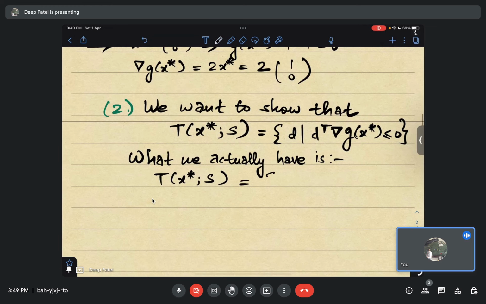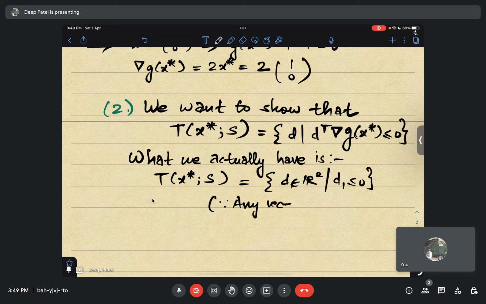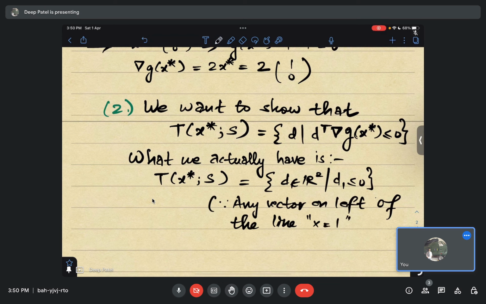So it is simply d2 such that d1 less than or equal to 0, because any vector on the left of the line x equals 1 is a tangent direction, right?